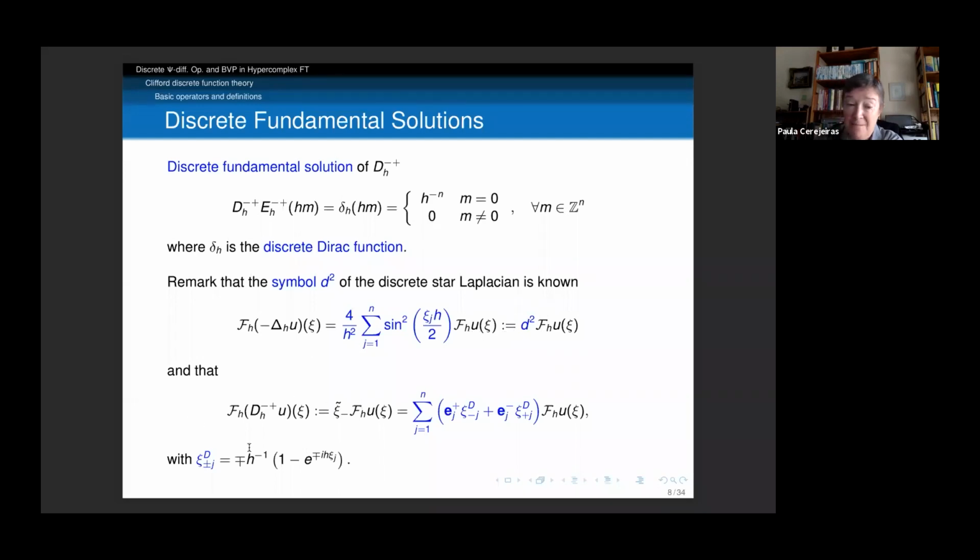And since the Dirac operator is obtained in terms of translations +1, -1 of the function, then its symbol is obtained by 1 minus modulations of that element. And that goes rather straightforward.